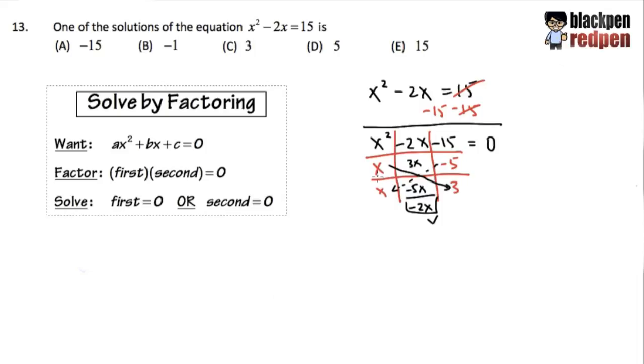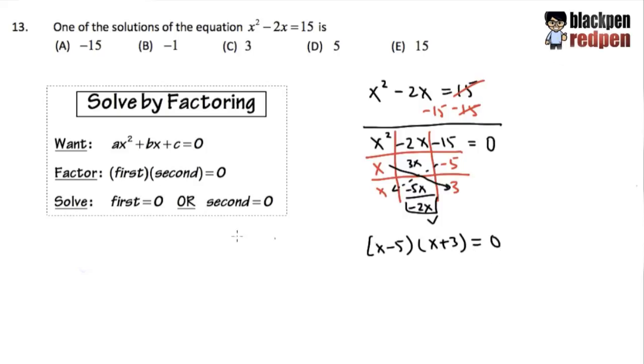We will have x minus 5 as the first factor times x plus 3. This is the positive 3, that's why I put a plus. And then we still have this equal to 0. So you see that we achieved the second step right here. We have the first factor times the second factor equal to 0.